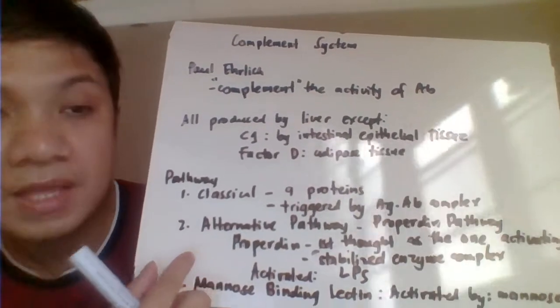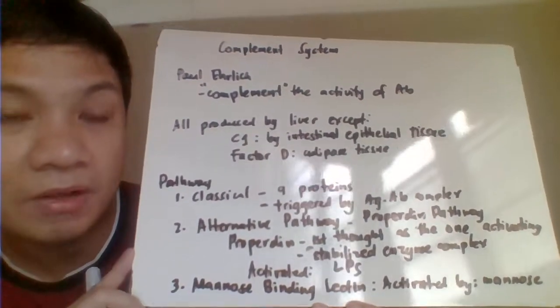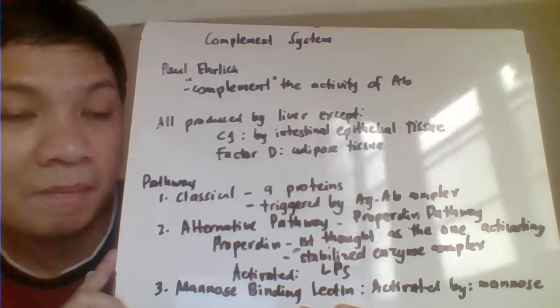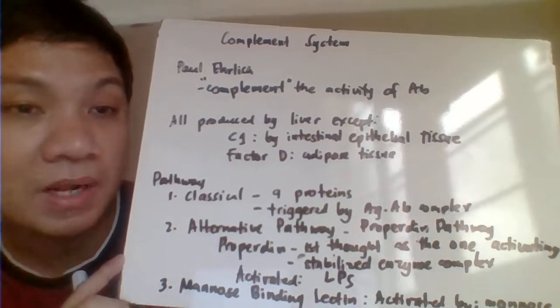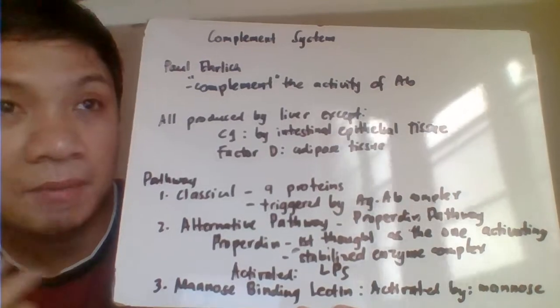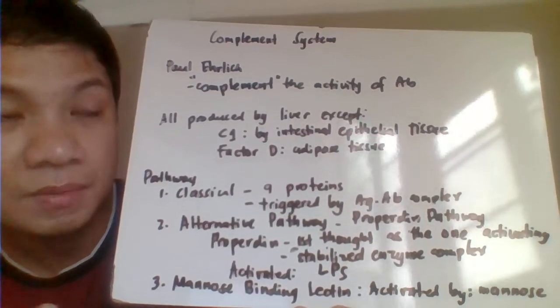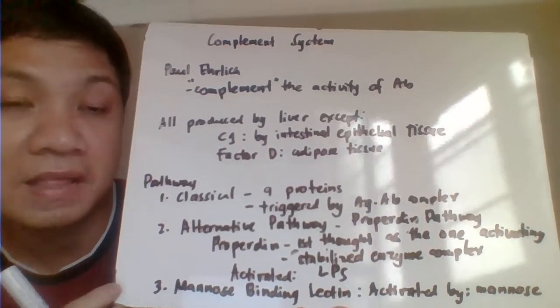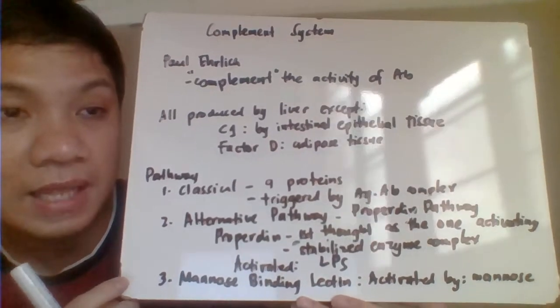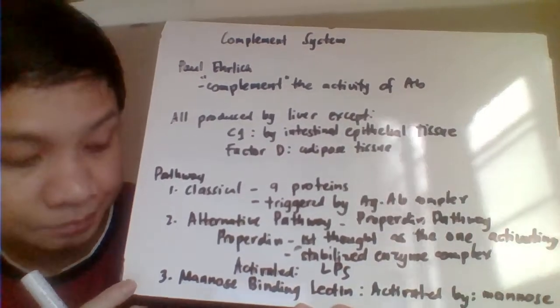And this one is activated not by our antigen antibody complex, but most likely by the presence of bacterial infections, for example the gram-negative cell wall of bacteria containing the LPS, lipopolysaccharide.